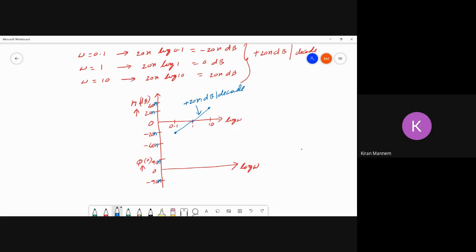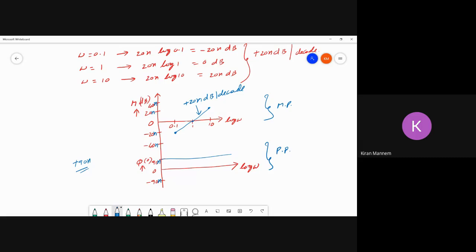Our Bode plot will be, assume this is a straight line, so it is plus 90n. So this is your magnitude plot. This is your phase plot.